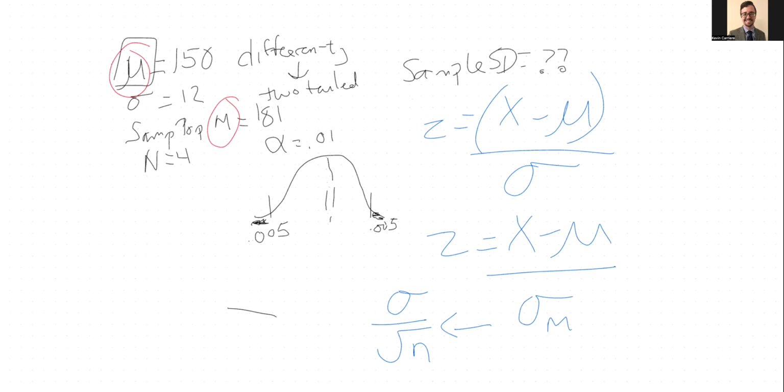So we can use the formula to find it, right? What we have here is sigma and our n. We have our x and our mu.